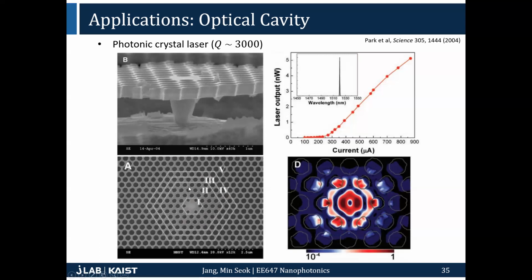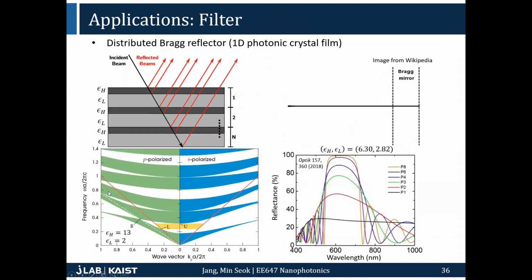So you can imagine this entire thing acts as a cavity, and the cavity mode looks like this, and the quality factor was about 3,000, and they were able to create a laser out of this cavity. Okay, so that was a pretty famous work at that time.